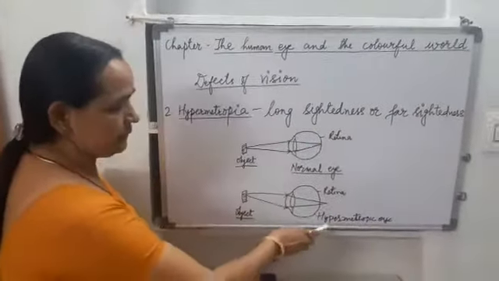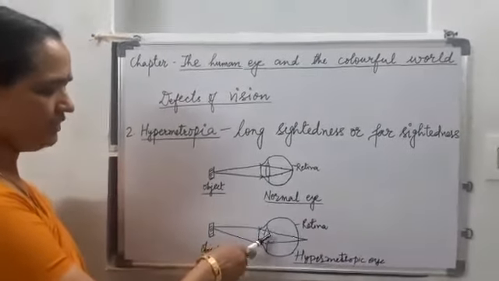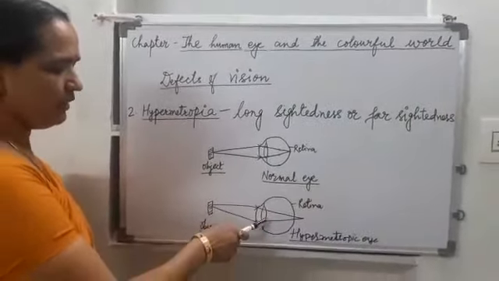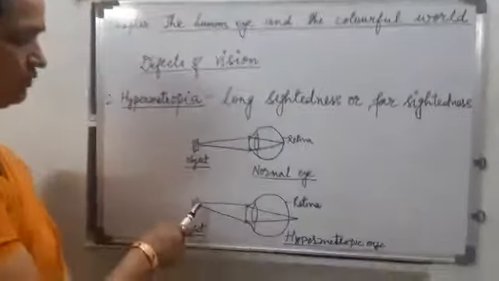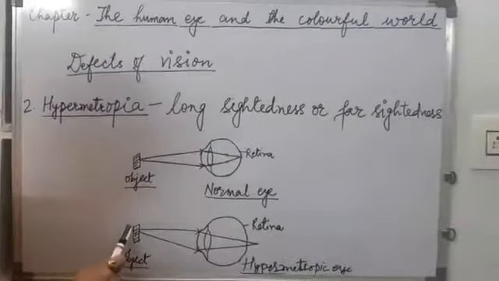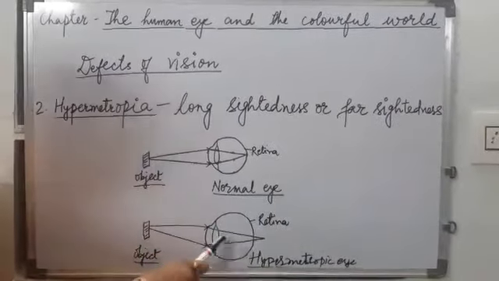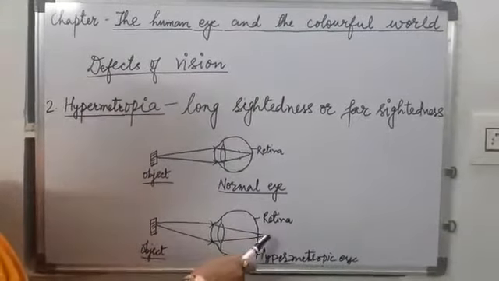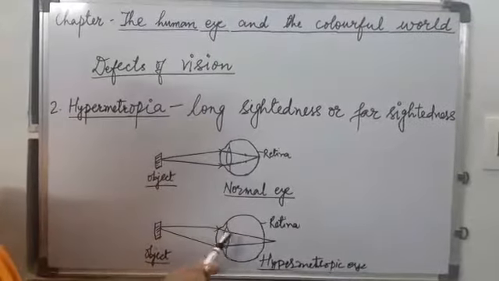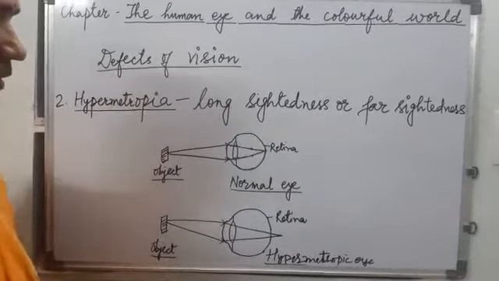And now what happens in a hypermetropic eye? Due to the elongation of the lens here, the focal length is increased. Because of this, the incident light rays, after being converged by this lens, form an image behind the retina here, and due to this the object seems hazy or blurred to the person.